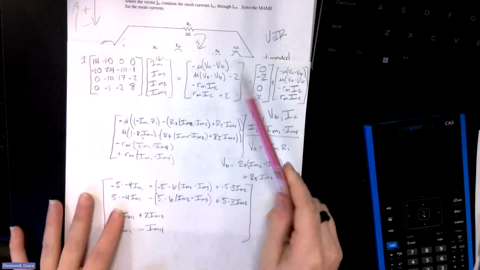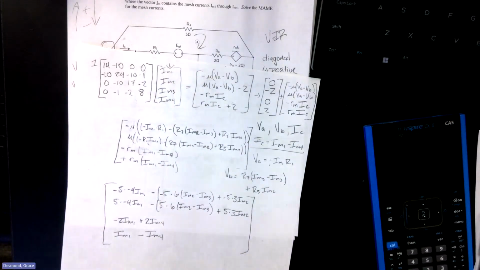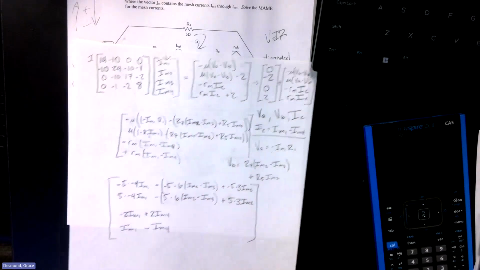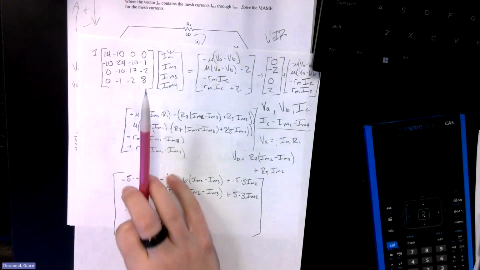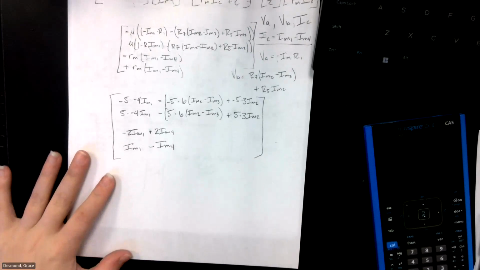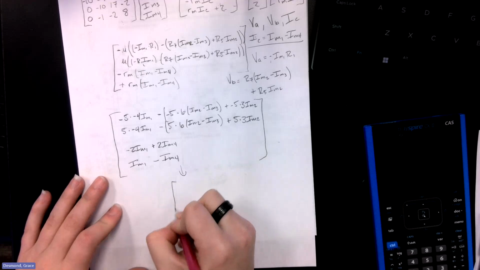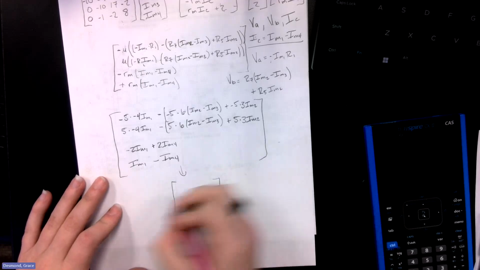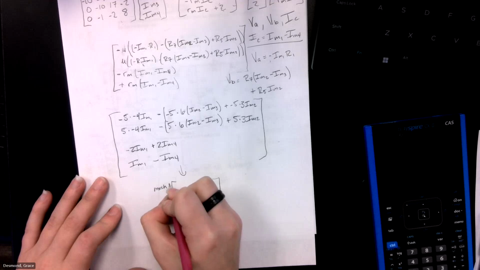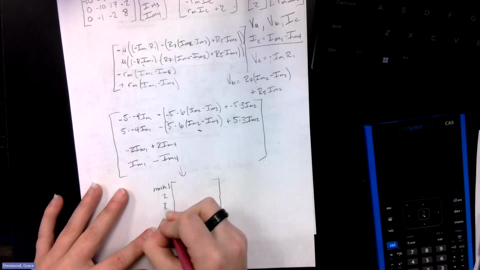Exactly. We want to subtract this to that side, right? To do that, we have to make it look like that. So we need it to be in terms of our IM vector and a 4x4 resistive matrix. To do that, you do exactly what they said. We're just going to do it down, and then we remember that this is mesh 1, mesh 2, mesh 3, 1, 2, 3, 4.